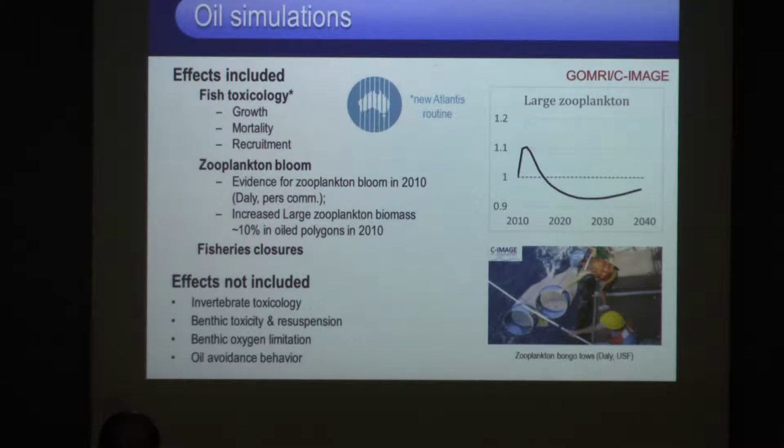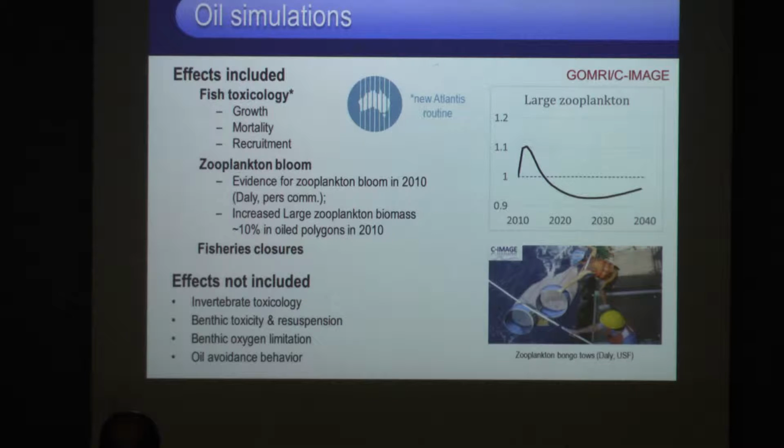And that's work that Michelle Massey is doing and is producing some very interesting results, which I'll have to present another day. So what I'm showing you today are results from our oil study. We have modeled the Deepwater Horizon oil spill as we think it happened.